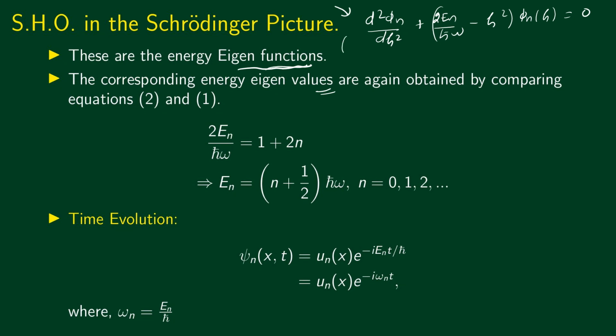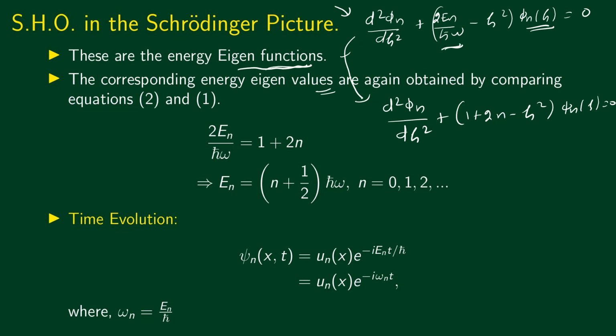We compared this with the equation satisfied by the orthonormal Hermite function, d squared phi n by d zeta squared plus (1 plus 2n minus zeta squared) phi n of zeta equal to 0. The equation exactly works if 2En by h bar omega in here is actually 1 plus 2n.